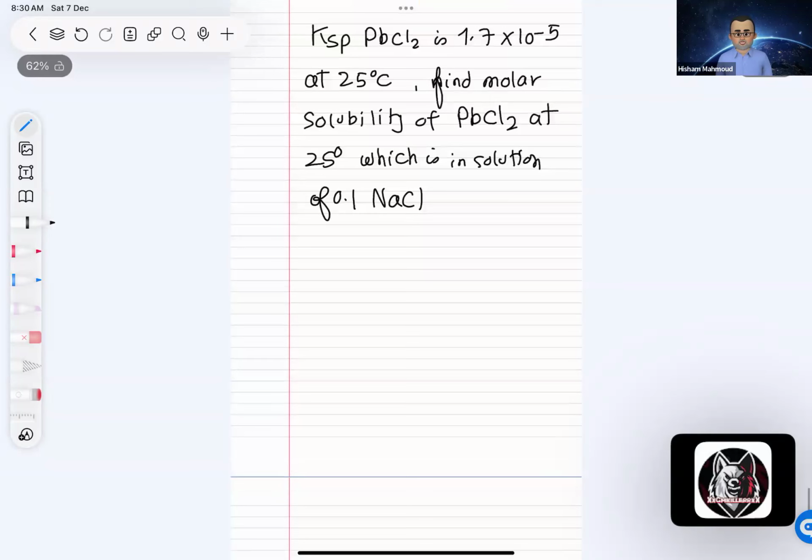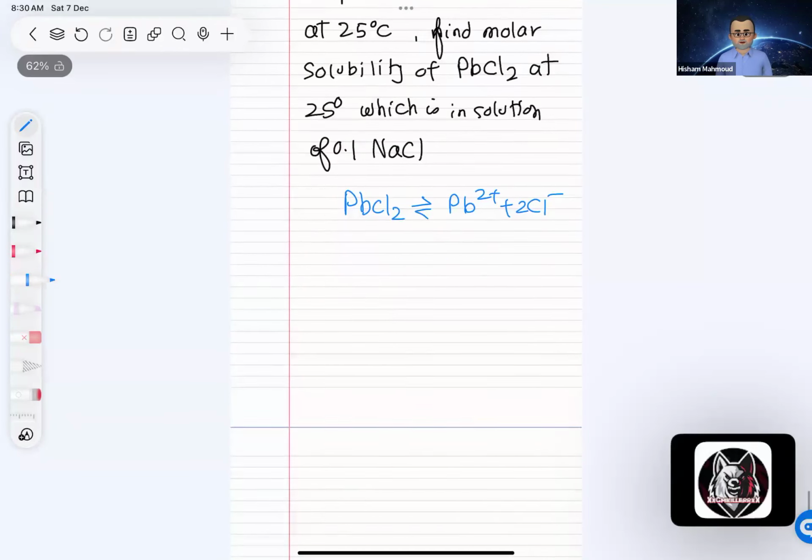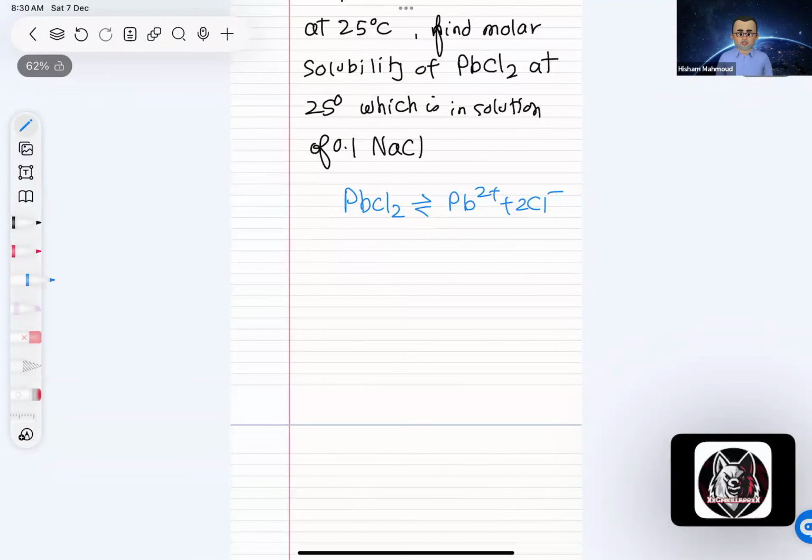So let's first write the equation. That's lead chloride breaks down into lead and 2Cl minus. And let's make the ice table also. I started with nothing from here, 0 here and 0 here. I decreased by x, I increased by x, and I increased by 2x.